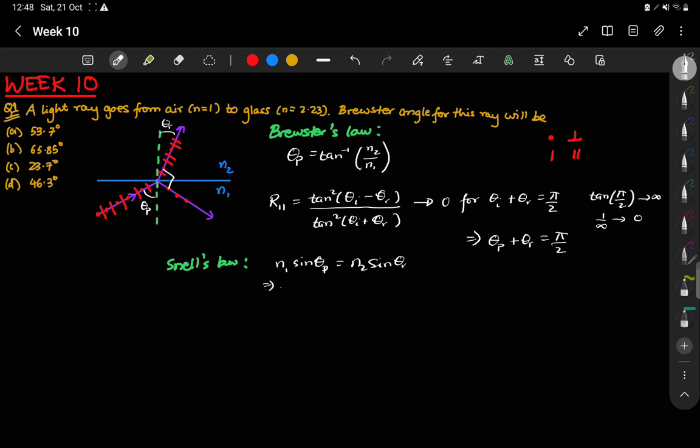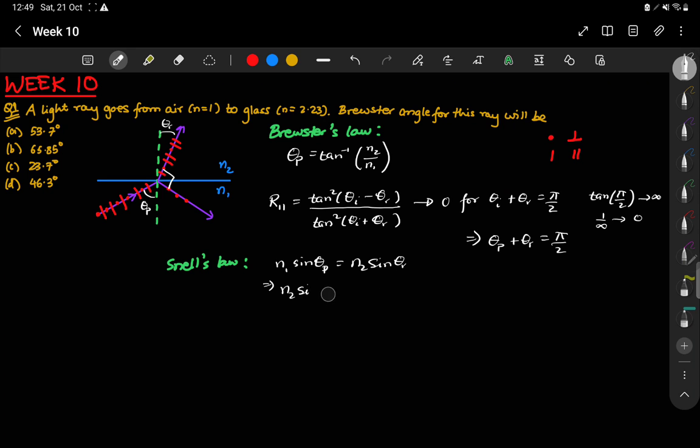So this gives us N2 sine of pi by 2 minus theta p, because theta r is pi by 2 minus theta p.